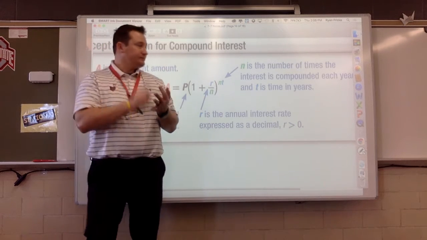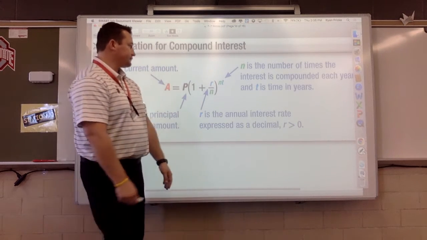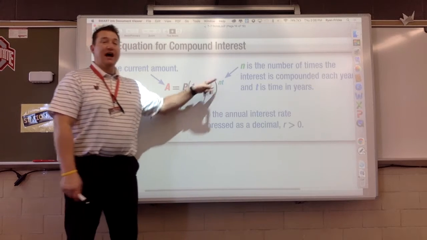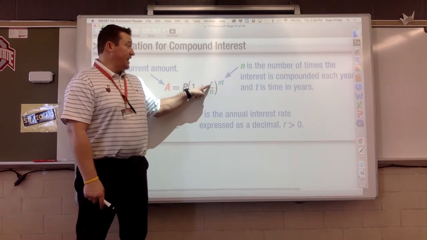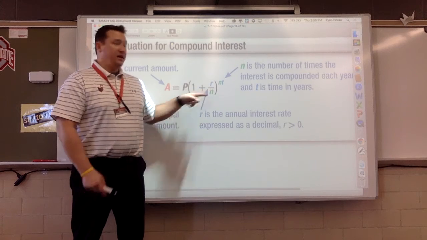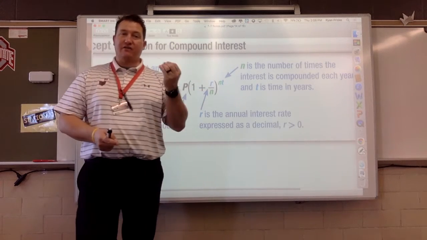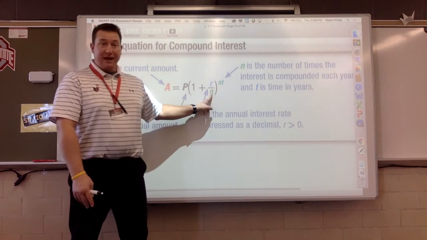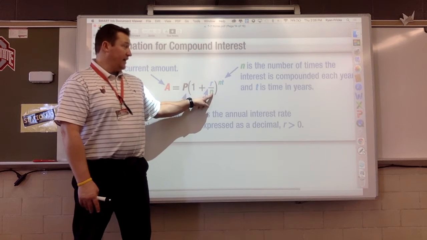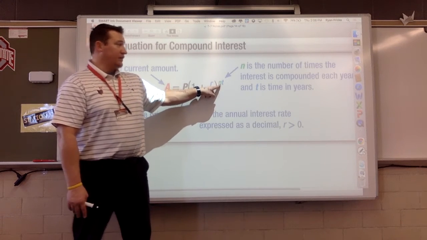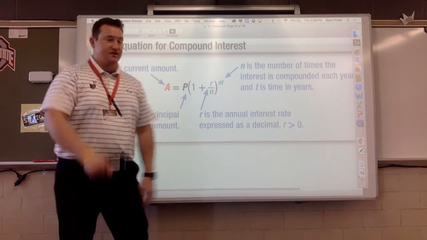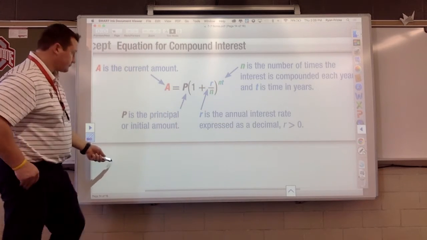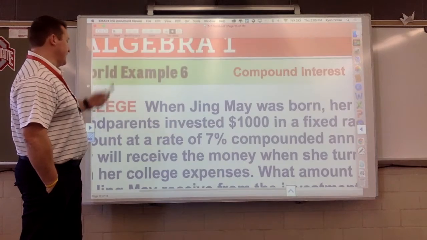Monthly, weekly, daily, all good, okay? Again, that is your value of N. So you're going to take like this interest rate and divide it by like, hey, if they're calculating interest every month, well, there's 12 months in 1 year. So you would make 12 N. Then you're also going to make 12 here. Again, T is still time. That hasn't changed, okay? All right, let's check one of these out.